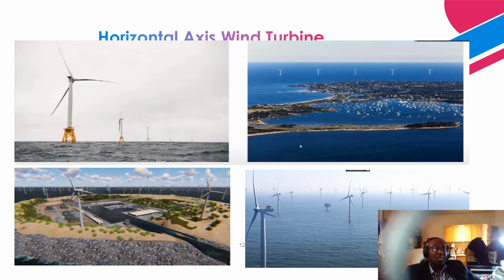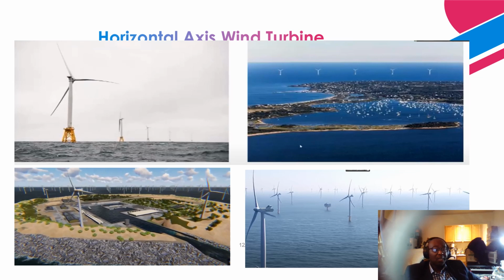The reason it is called fixed bottom is because the structure supporting these wind turbines is fixed to the bottom of the ocean, the seabed. And this is a typical picture of five wind turbines located in the Block Island area that provide electricity to the households over here.